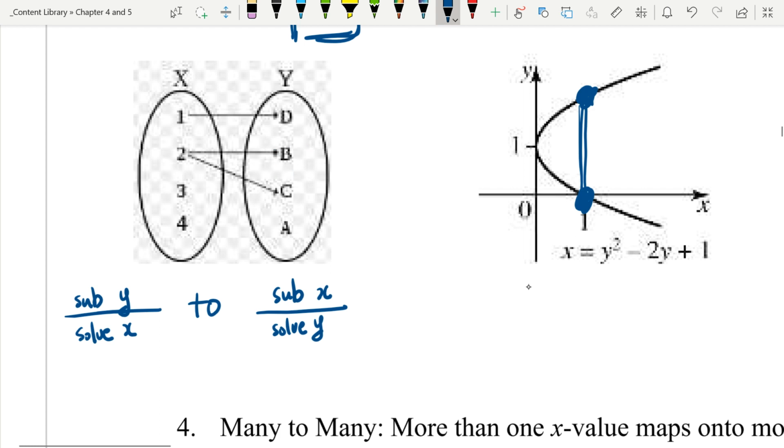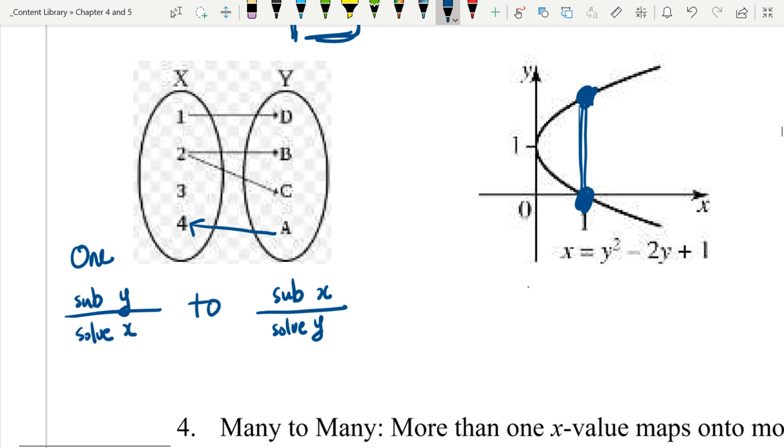When y equals c, what's the x? 2. When y equals a, let's map here, what's the x? 4, right? When you give a y, it only gives one x. So that's why the first bracket is a 1. When you sub a y value, I can only solve out one x value.